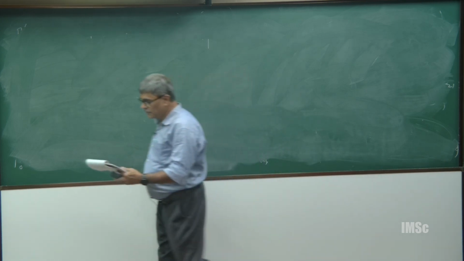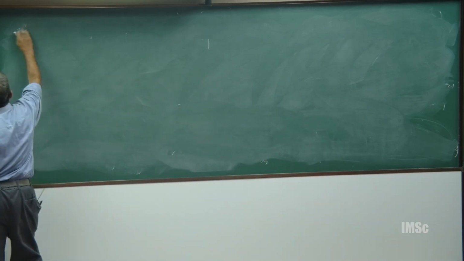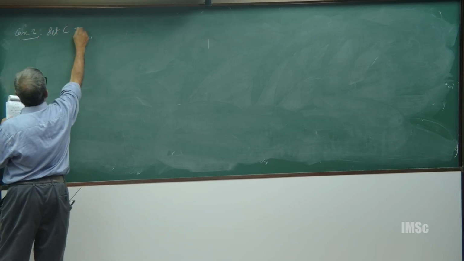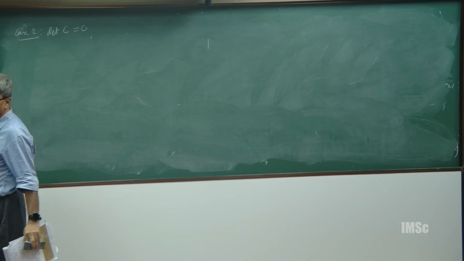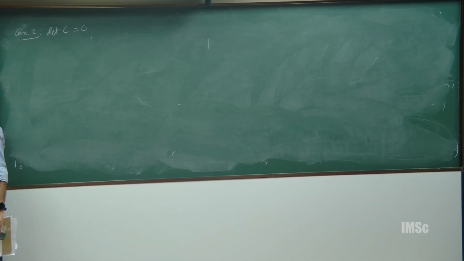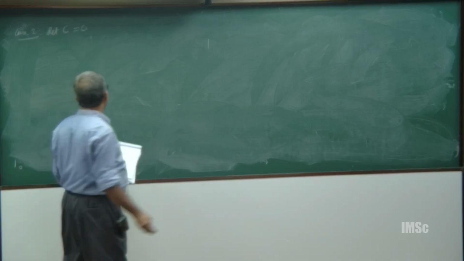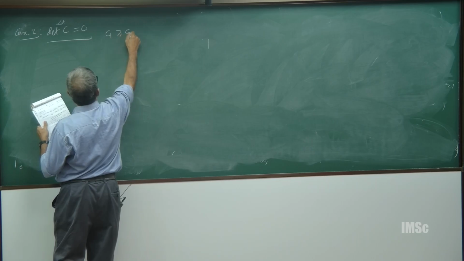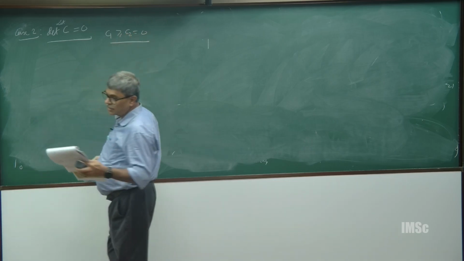So, let us take this case 2, which is determinant of C is equal to 0, right. See, according to our notation, determinant of C can be either positive or 0, it cannot be negative because of this. Okay. So, in this case, this means that C1 greater than equal to C2 is equal to 0, right.